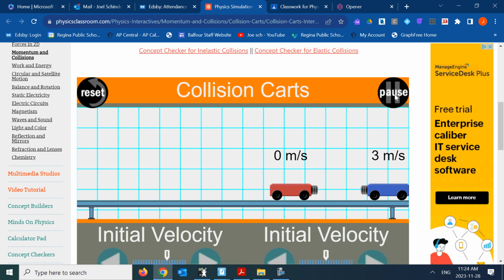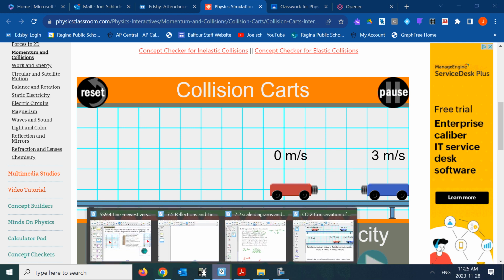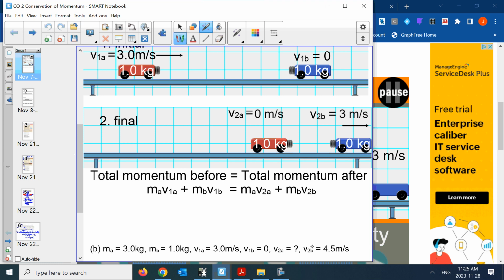Let's take a look at some of the math behind this, okay? Total momentum before, total momentum after. I'm using A and B to be the cards. The red is A, the B is the blue. V1 is the first speed before, and 2 is the after.